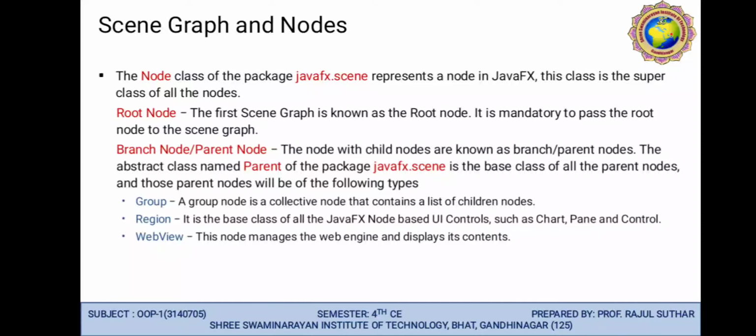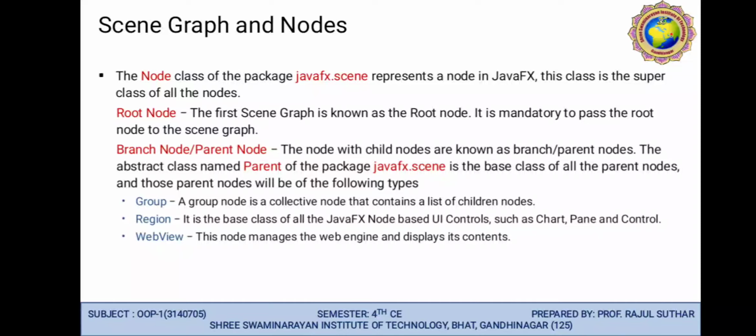A node which has children is known as a branch or parent node. The abstract class Parent of the package javafx.scene is the base class of all the parent nodes, and those parent nodes are of the following types: group, region and web view. So what is a group?